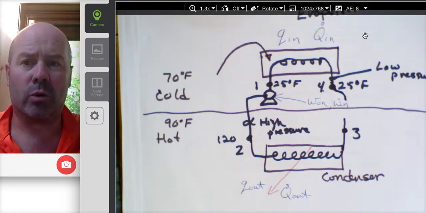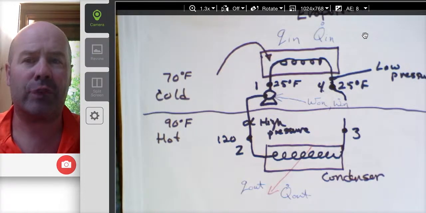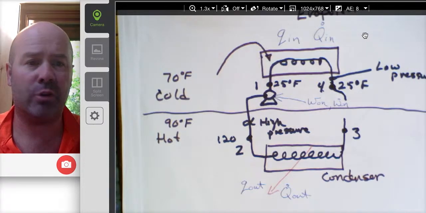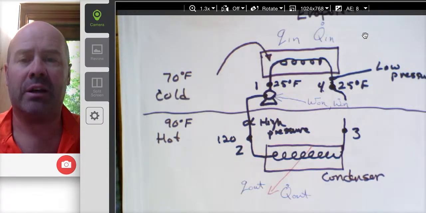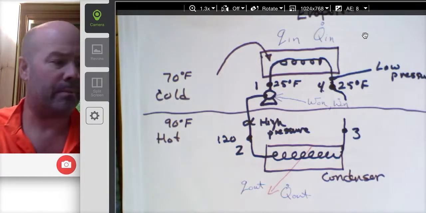Does head loss work? Yes, it does. Friction in a fluid causes head loss, causes the pressure to drop. And the best way to have friction in a fluid is by having a valve that has a very tortuous path.